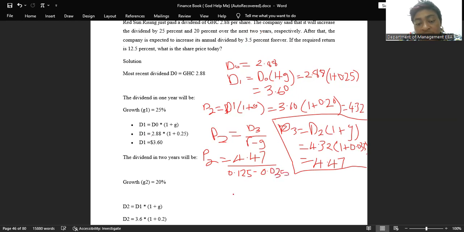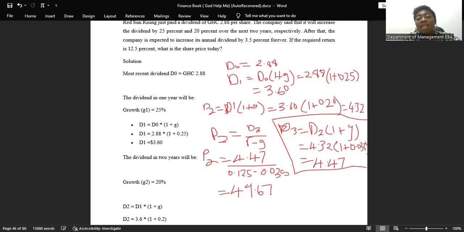So 4.47 divided by 0.125 minus 0.035. We got 49.67.